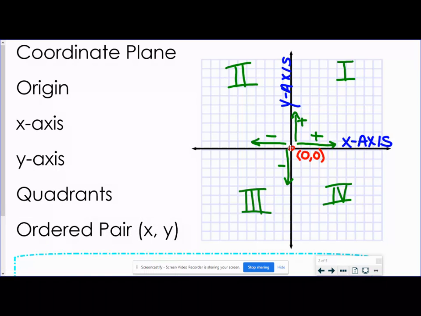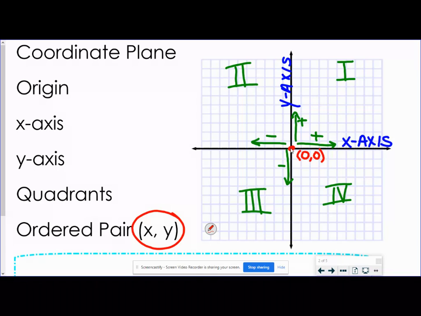Speaking of points, we call the points that we're going to be graphing ordered pairs. The word ordered is right in there because the order really does matter. When we graph an ordered pair, the x comes first, the y comes second, and there's parentheses around the ordered pair.